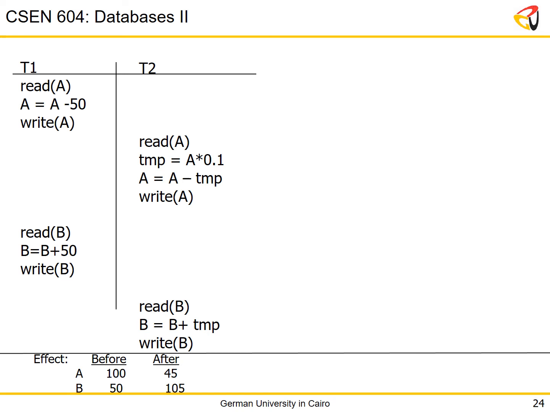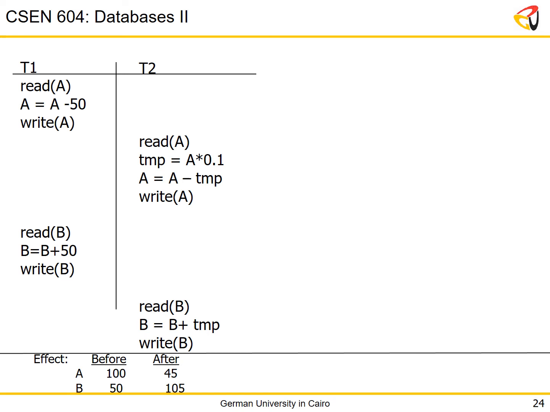The after is the same as what we have seen before. So this is an example of a serializable schedule since it produces an output that is the same as running T1 followed by T2. In terms of the stream of reads and writes that will be produced by the scheduler, it's going to be like this.